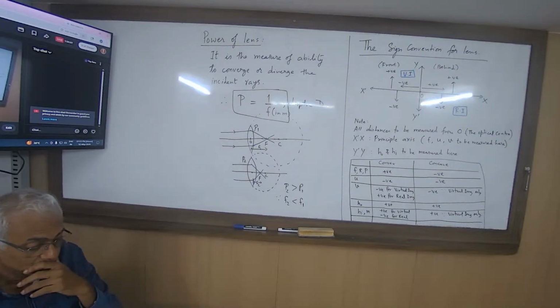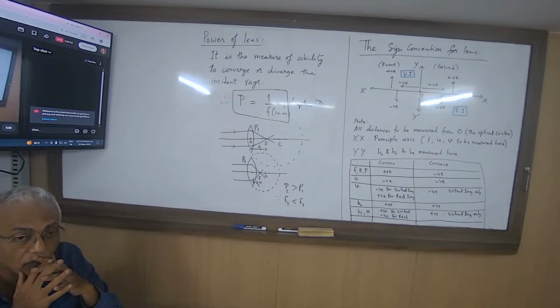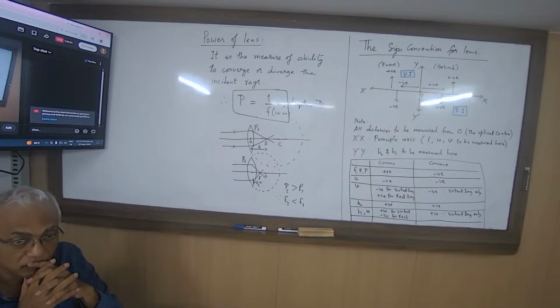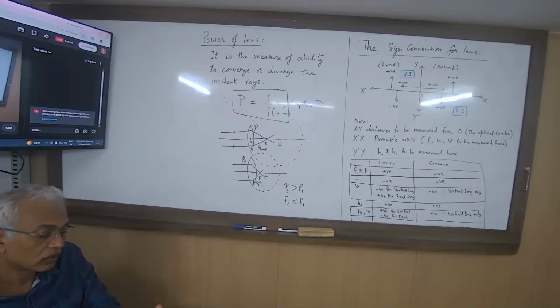Okay, then next. Your turn, fifth question. Watchmakers use a convex lens, and why? For producing a virtual, magnified image, because watch parts are very small, so you need a magnifying glass.